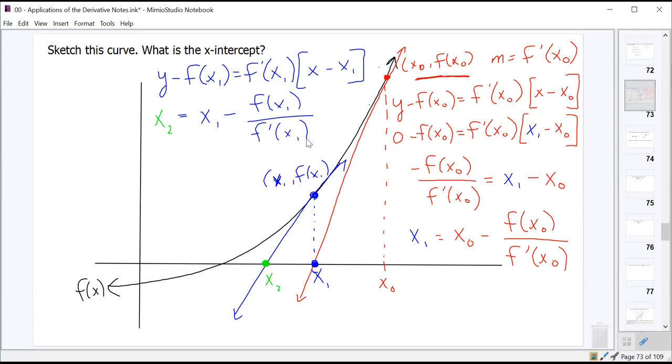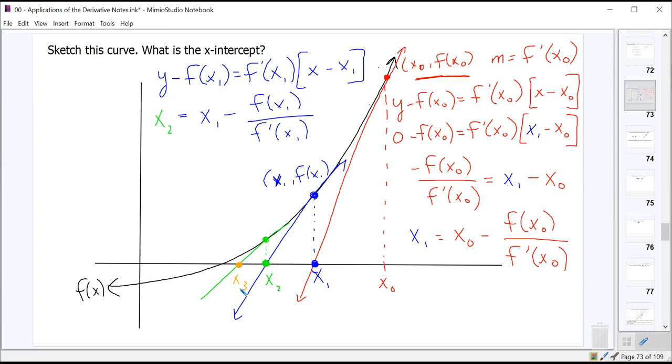And as we said, we've got a nice value there at x2, but it's still not close enough. We'll just go up here and say, there's a point x2, f of x2, and our function has a tangent line there. And that tangent line has an x-intercept, which we could call x3.